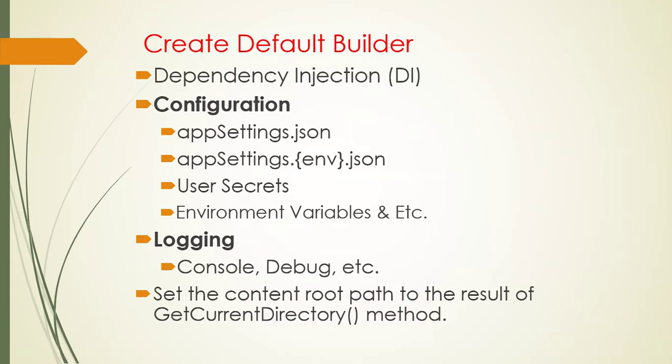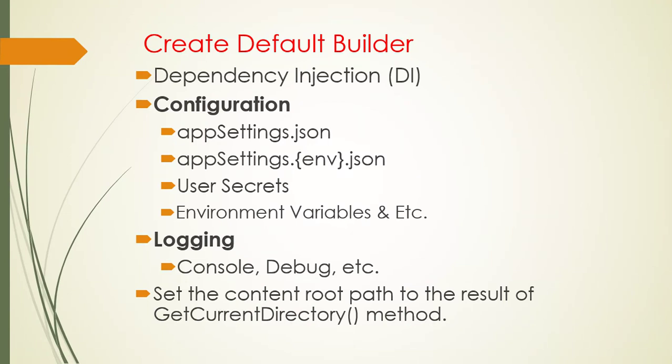This method also sets the content root path to the result of the GetCurrentDirectory method. It means we will get this by default by using the CreateDefaultBuilder method. There is no need to add any other third party to access this facility.